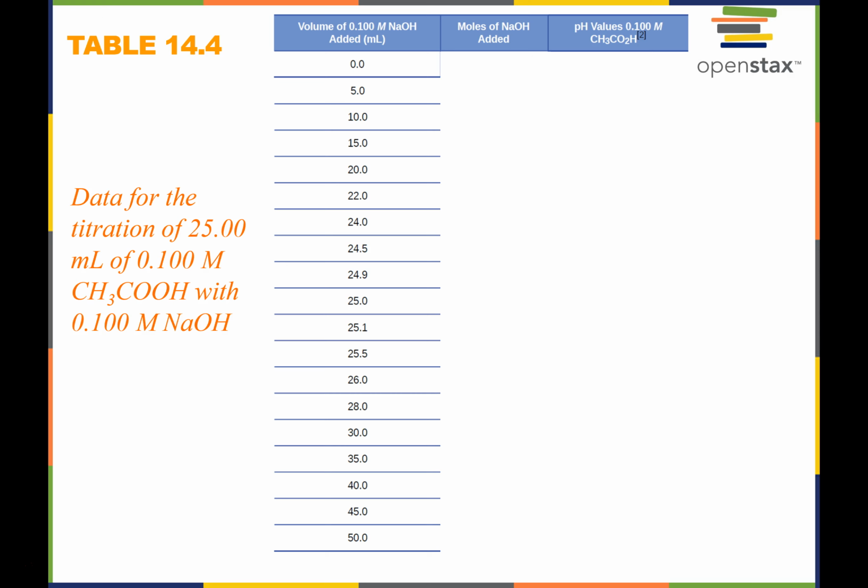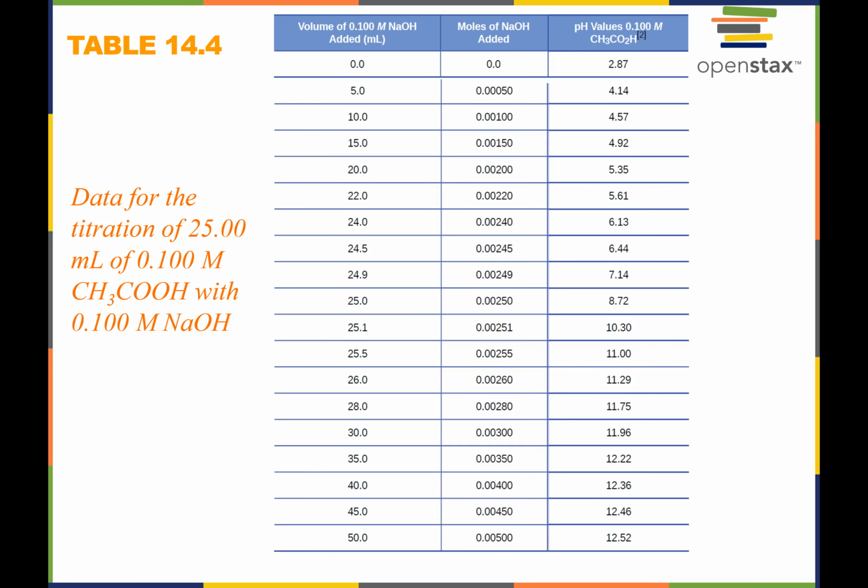This is kind of like tabular data of what you guys did yesterday in the lab, where the last column actually is the pH of the solution as you add this volume of sodium hydroxide.